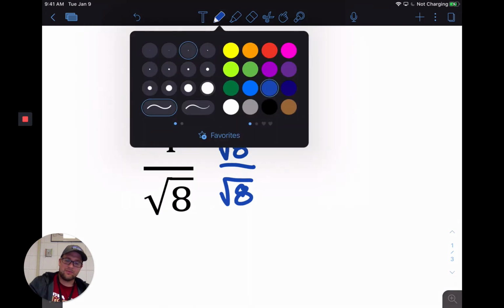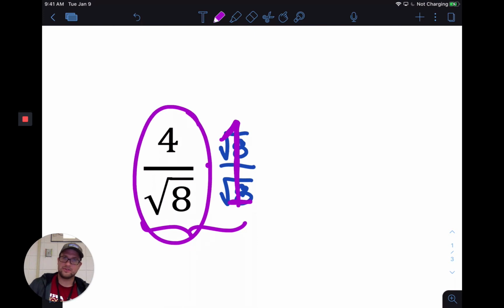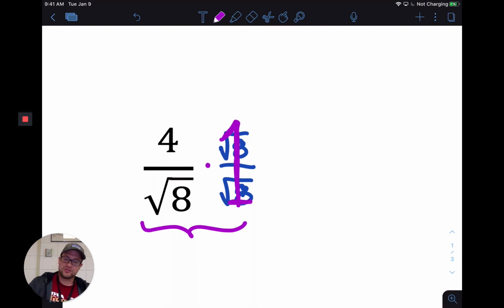Now, in math, we've been doing this for a long time using this fact. We know that anytime I have something divided by itself, it's really equal to 1. And we also know that if we multiply anything by 1, it's equal to exactly what we started with. It doesn't change. So we're not breaking any mathematical rules by doing this.